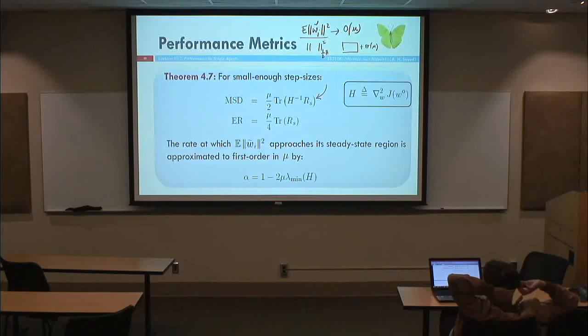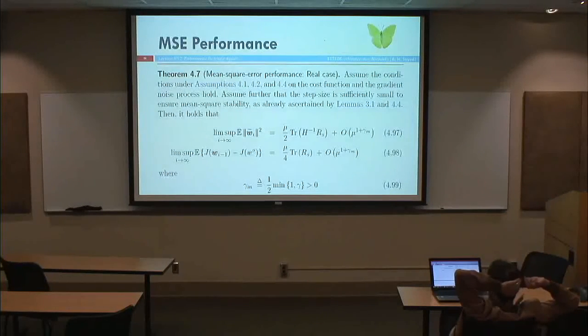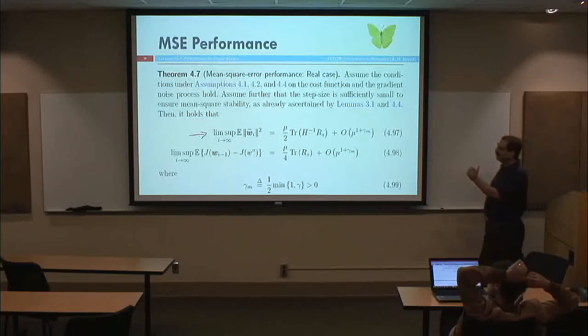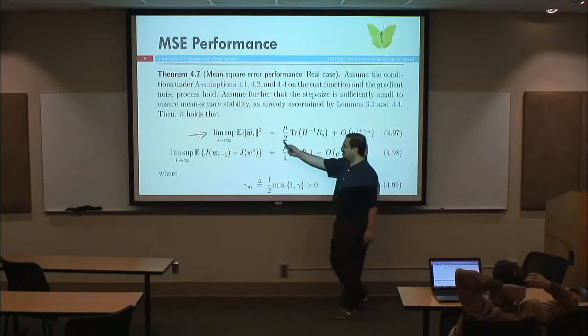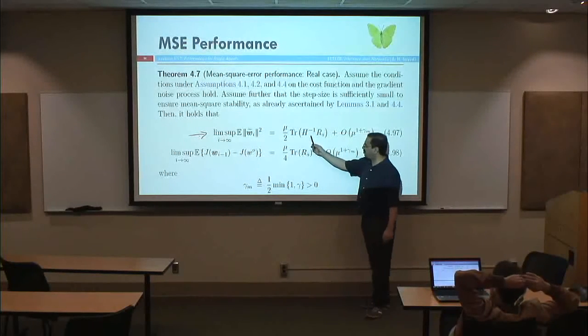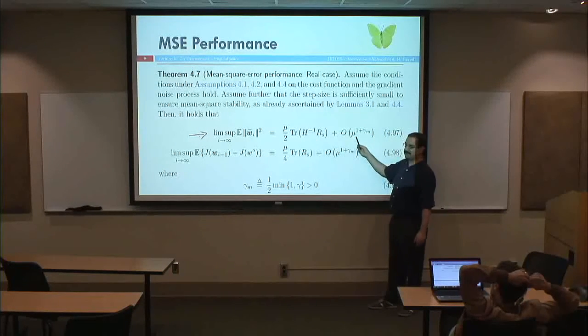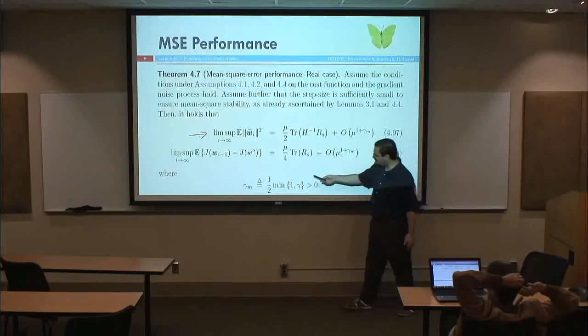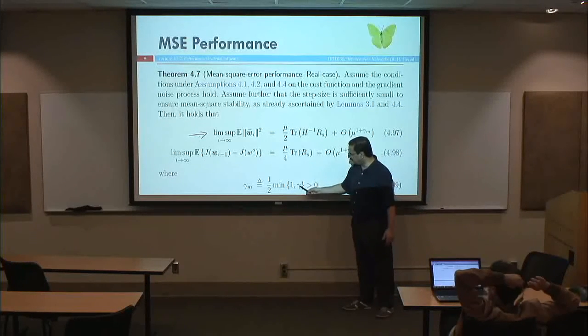More specifically, I'm going to derive these expressions that you see here, 97, 98. Let's look at one of them, and the same remarks hold for the other. Let's look at 97. What I'm going to show is that the lim sup of the second order moment is given by this expression plus a higher order term in mu, 1 plus something positive. And that gamma actually is the minimum of 1/2 and gamma over 2.